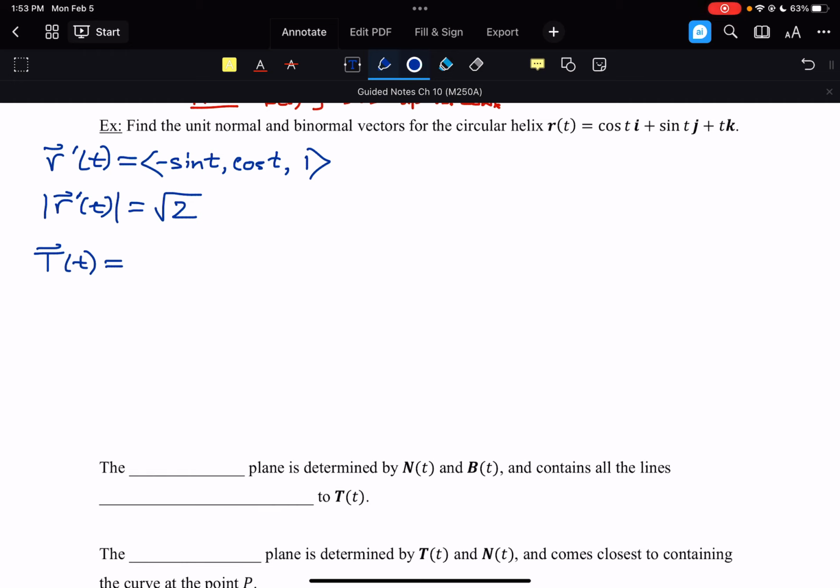So our unit tangent vector is going to be 1 over root 2 times negative sine, cosine, and 1. So T prime is going to be 1 over root 2 times negative cosine, negative sine, and 0.